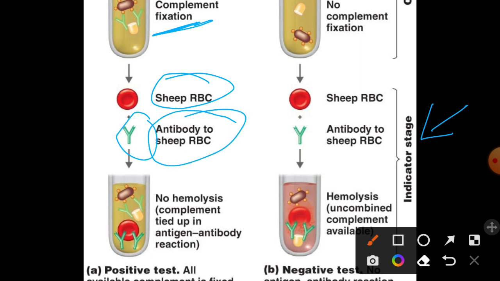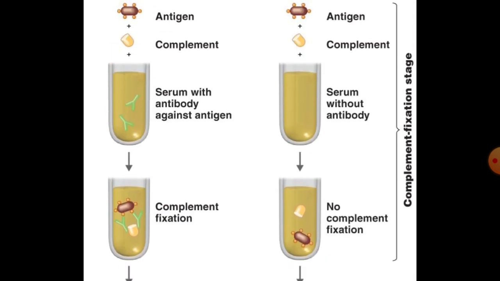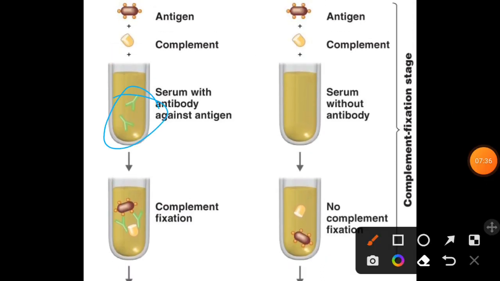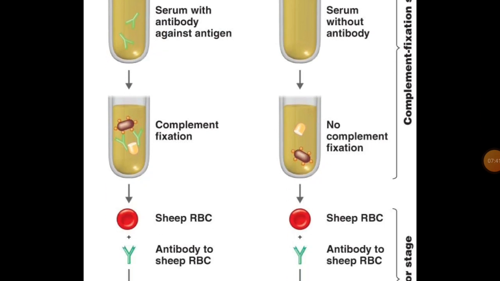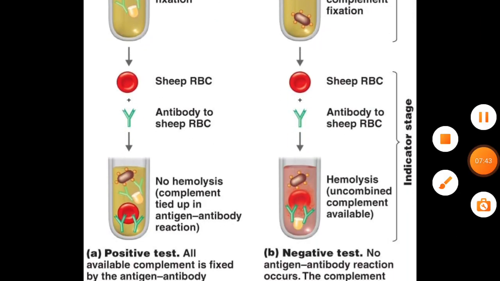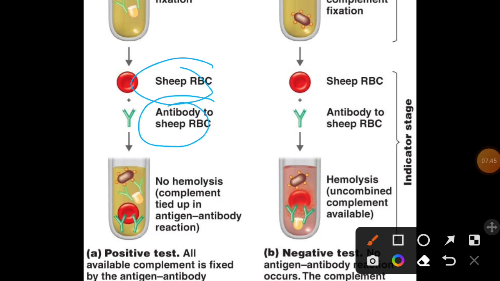Okay, now try to think about this. If antibody is not present here, the complement will be free, right? So now when we add sheep RBC and the antibody to sheep RBC to that test tube, what will happen? The free complement reacts with the Fc portion of the antibody to sheep RBC, which has already reacted with sheep RBC, and as a result complement fixation on the red blood cell occurs.